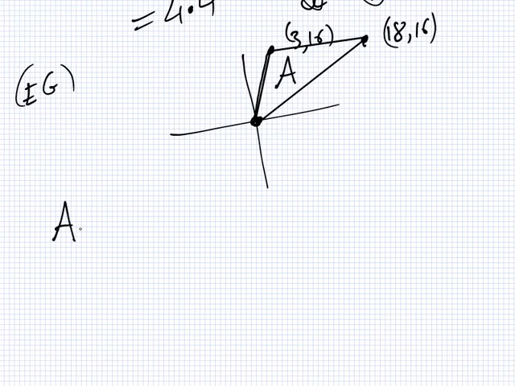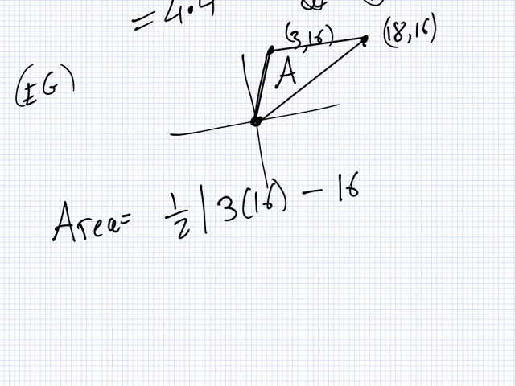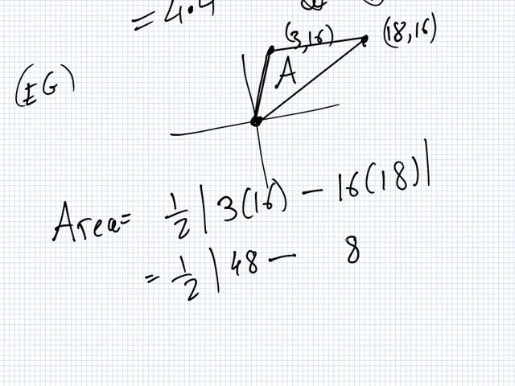Okay, so the area is a half x1 y2 minus x2 y1. That's a half. What's that? 48, is it? And what's this, please? 6, 8, 288.